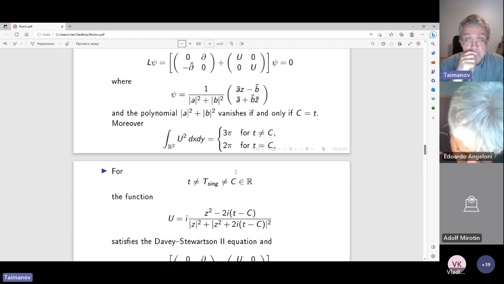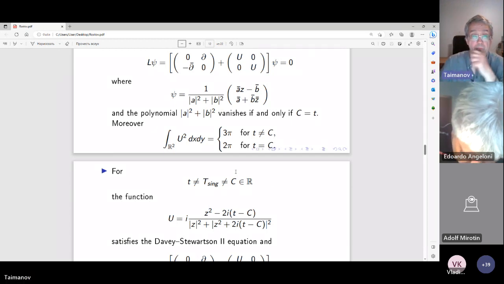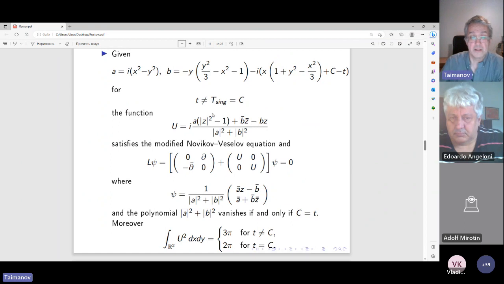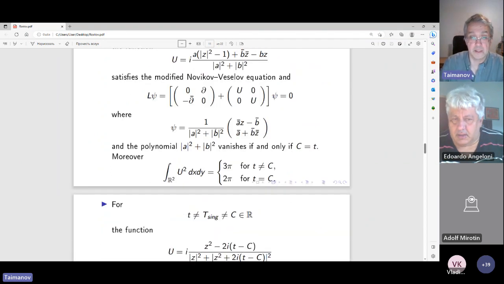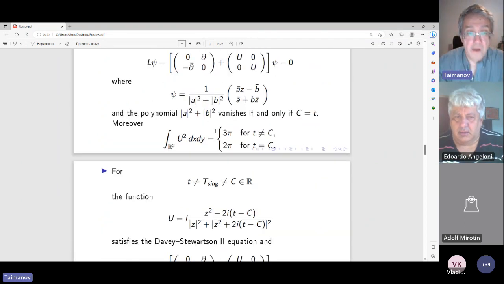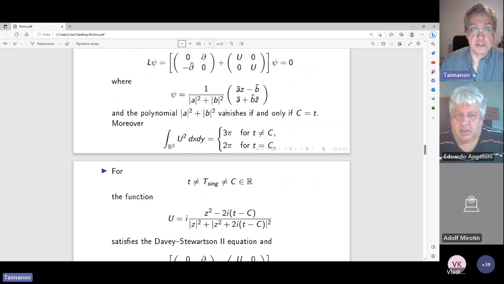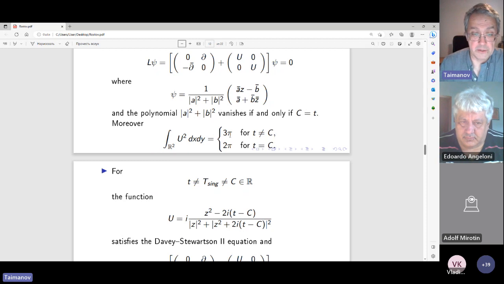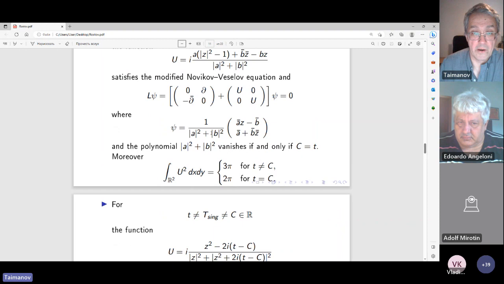So there has to be some correction. There's some misprint. I have to correct it, because here a and b vanish simultaneously. A polynomial vanishes only if c equals t. That's it.